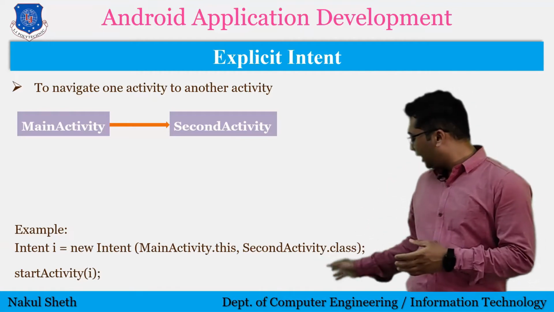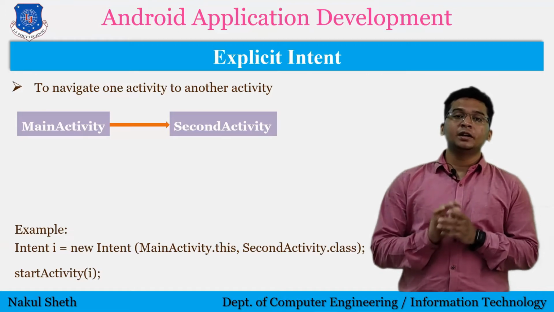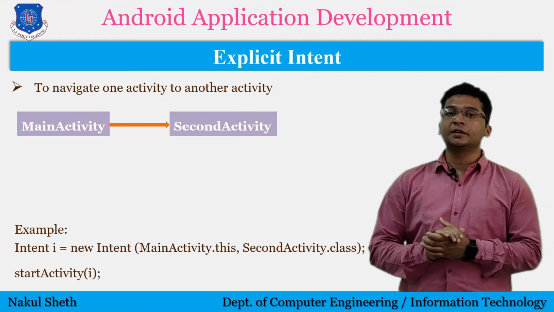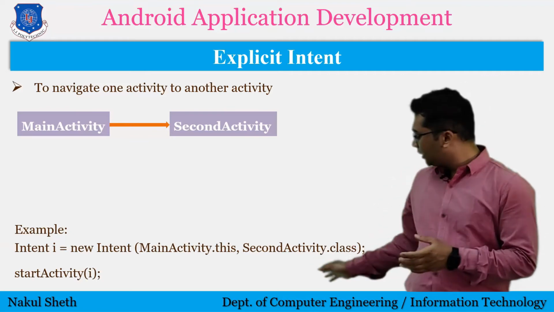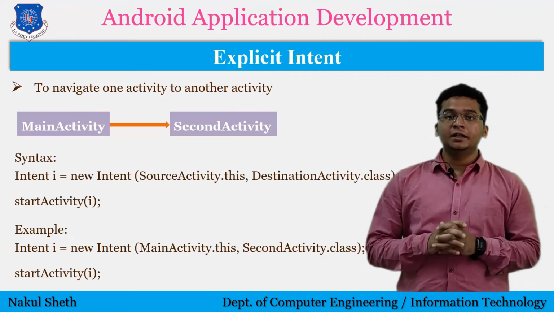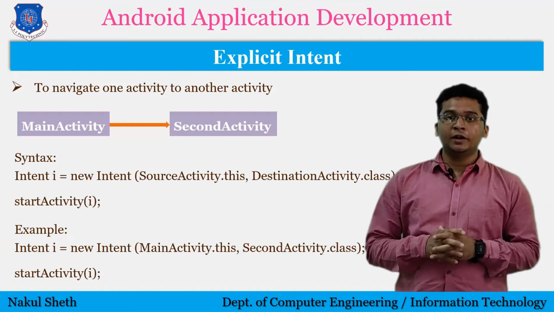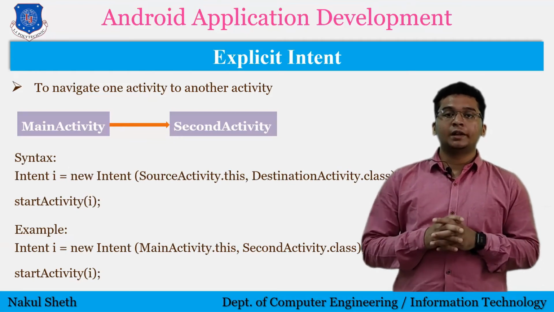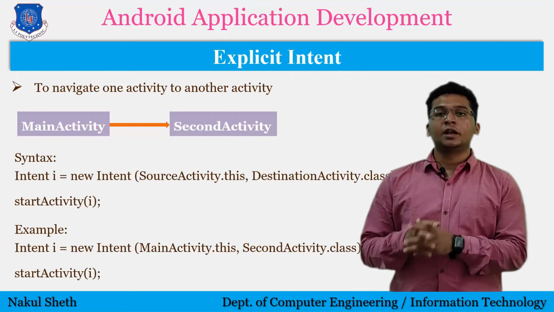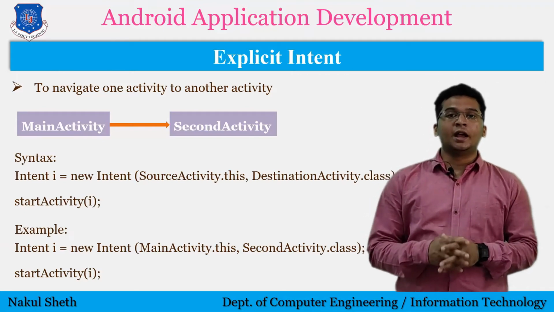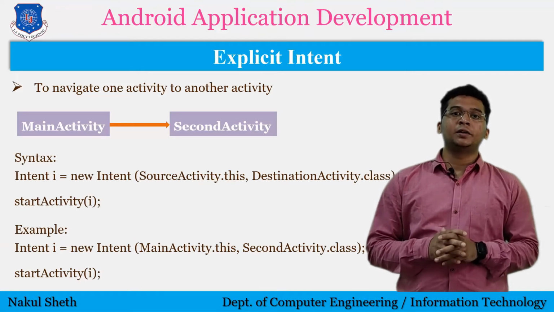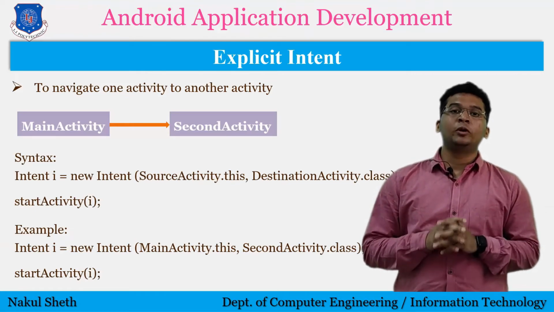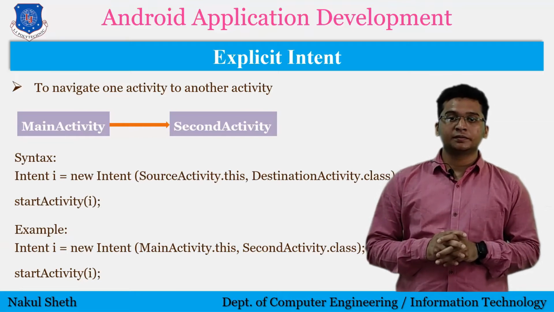And at the end we have startActivity, and as a parameter I am going to pass the object of this intent. So what was the syntax? Intent i, or the object of intent, equals new Intent, in brackets MainActivity.this comma SecondActivity.class, and then after that startActivity, and that created object we are going to pass as a parameter.